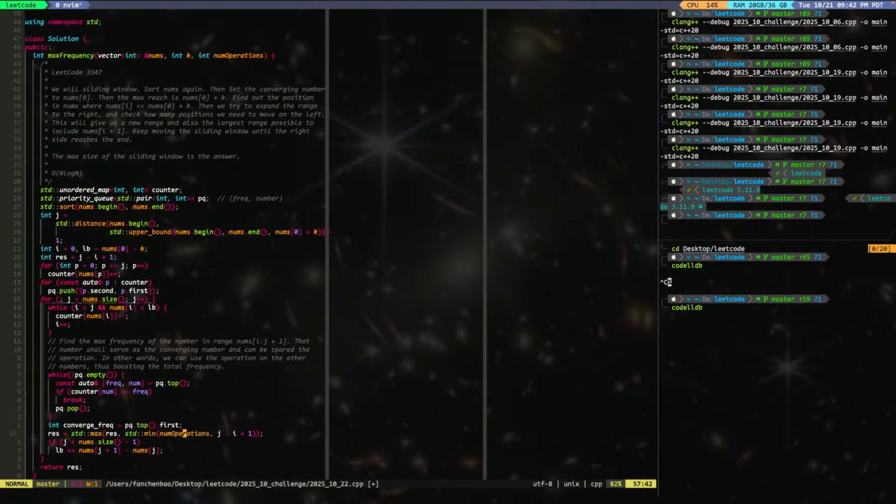This does not count towards operations. So we can do the number of operations plus pq.top dot first, because those we can still keep, so those are not part of the operation, and then we add the number of operations. This is the maximum number that we can get.